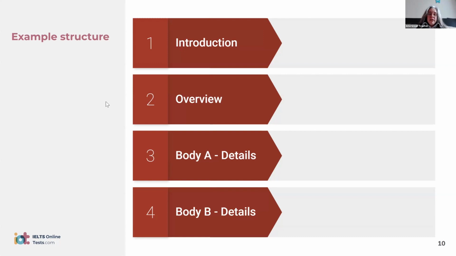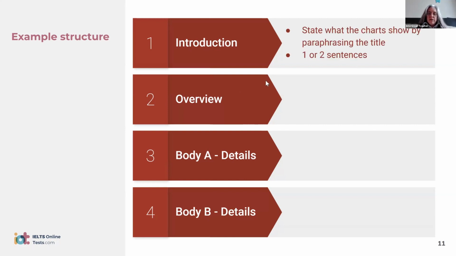So you need to be able to look at the information and decide yourself how it's best to group information together. And then each of those groups would be a separate paragraph in the main body. Okay. So let's have a look at each of these sections in a little bit more detail.